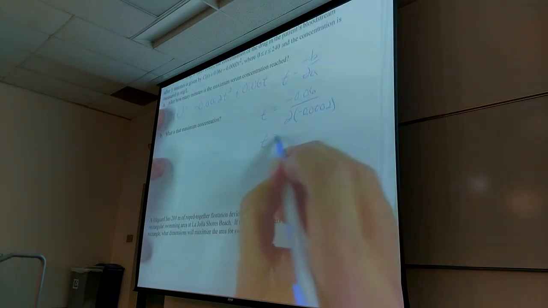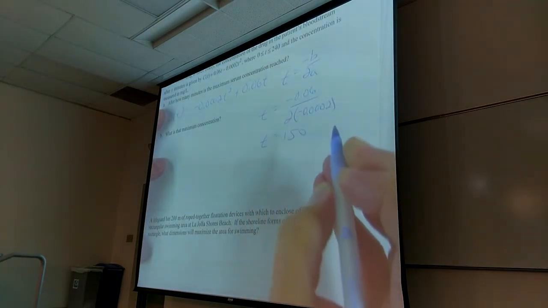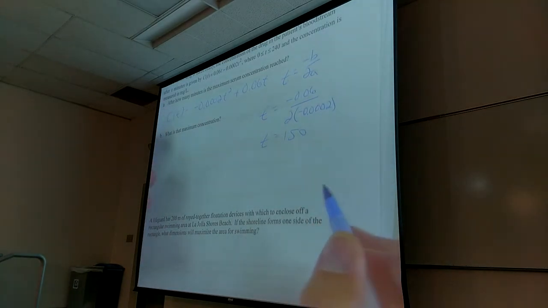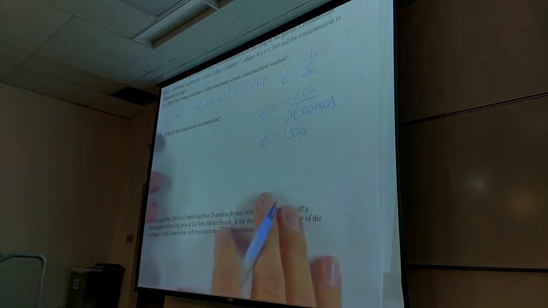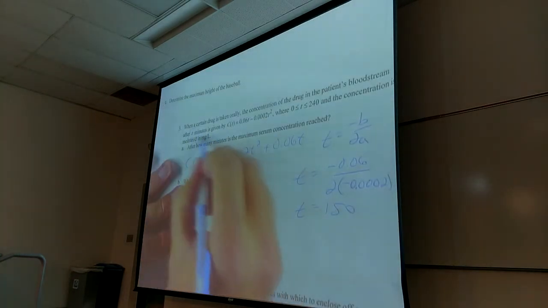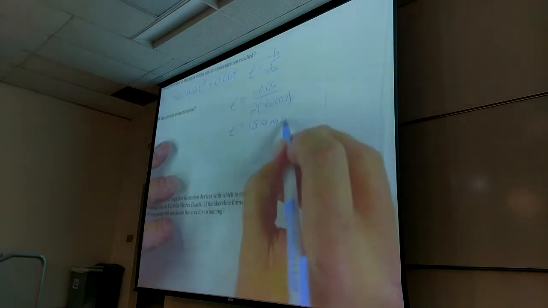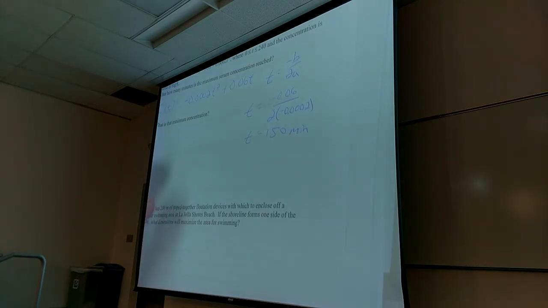So T equals 150 what? It's a different problem. You better reference the problem to make sure. So after 150 minutes, that's when it reaches the maximum amount in the bloodstream.